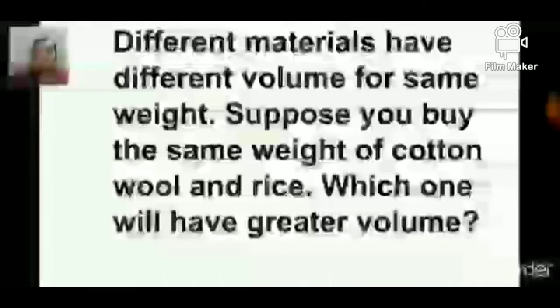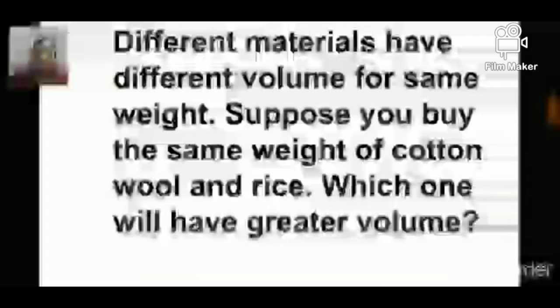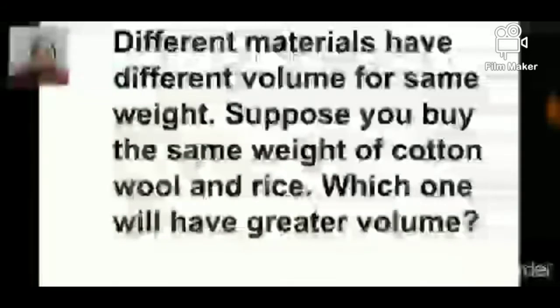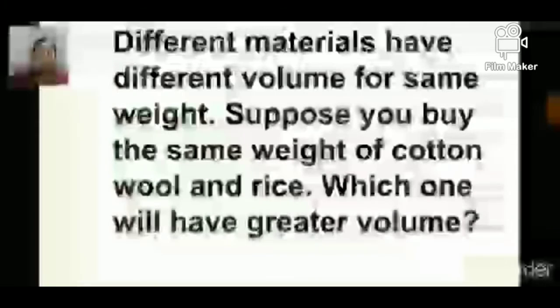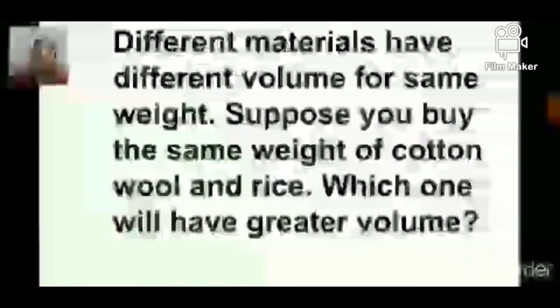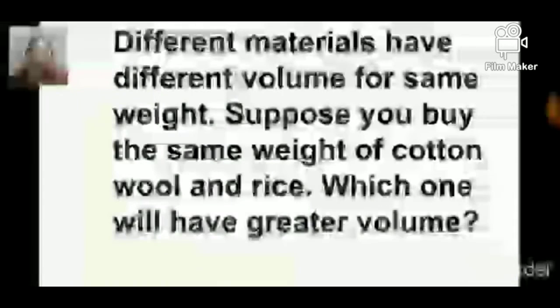Suppose you buy the same weight of cotton wool and rice, which one will have greater volume? Can you tell me? Of course, the cotton wool will have greater volume. Let me show you an example.